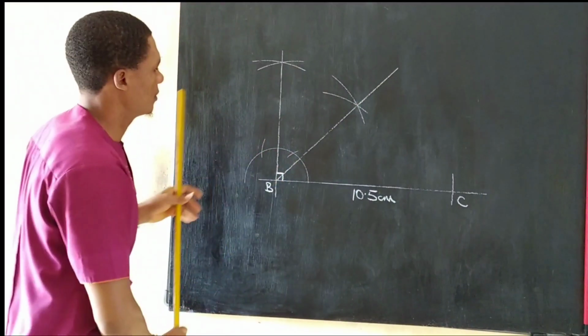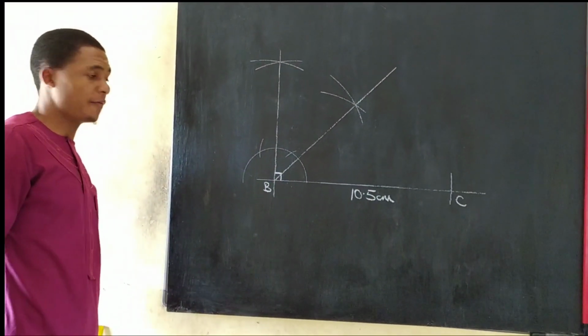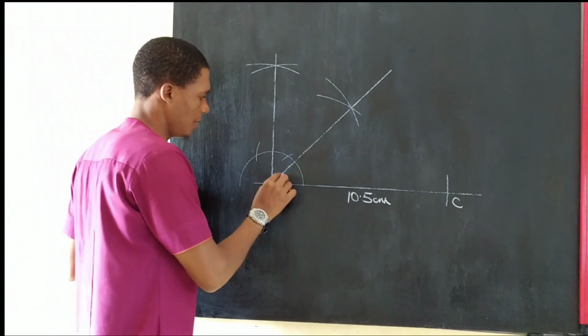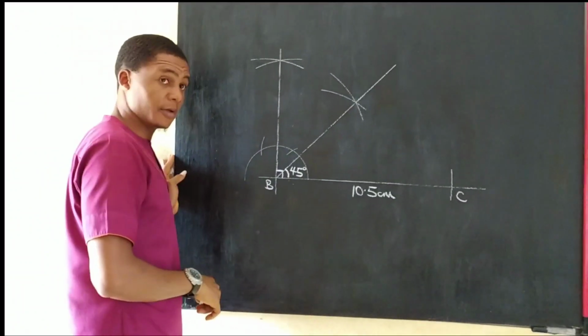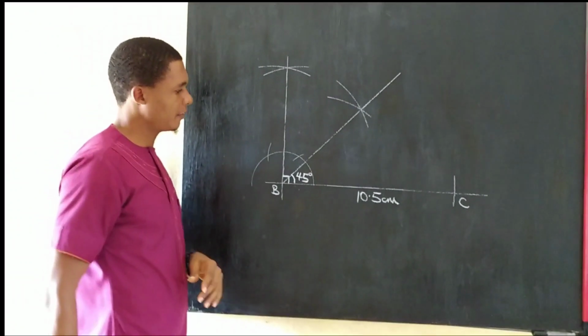Alright. So this is 45 degrees. Okay? So that means here is 45 degrees. I hope I follow you. Okay, this is 45 degrees.